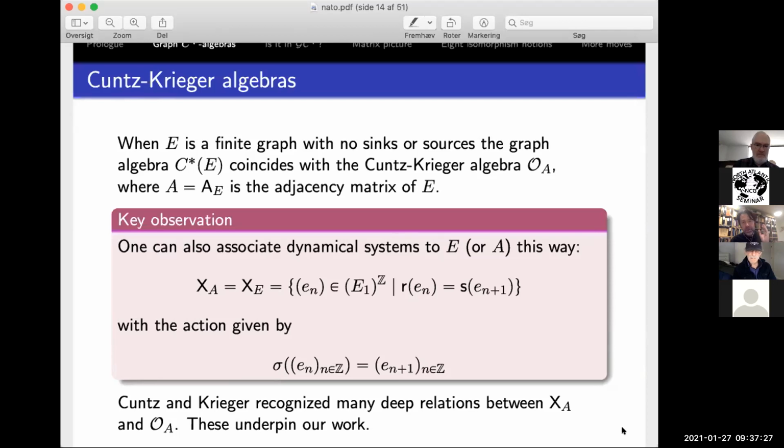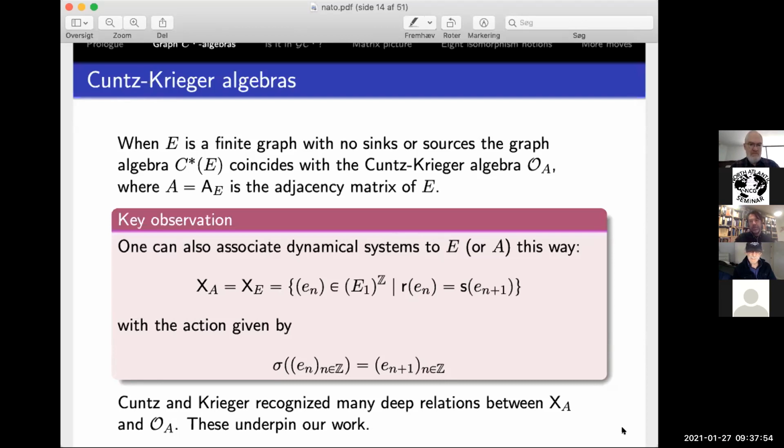So I'm sure you've all heard of the Cuntz-Krieger algebras, and I want to point out that they are special cases of graph algebras. The graphs that you want to think about will be finite, so finitely many vertices, finitely many edges, and sinks and sources should be forbidden. The point is, you have no stranded vertices.